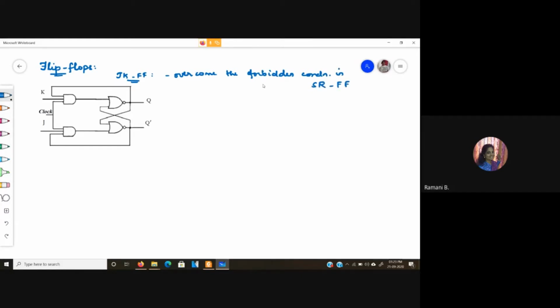So here what we do is consider the transition is from 0 to 1. So you need not bother about this input as such. You see to it when the clock is having the change from 0 to 1, this particular thing is enabled. Just have that alone in mind.